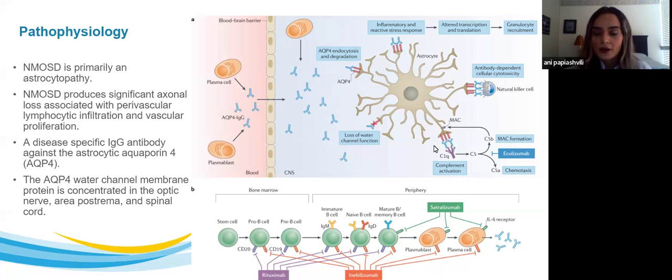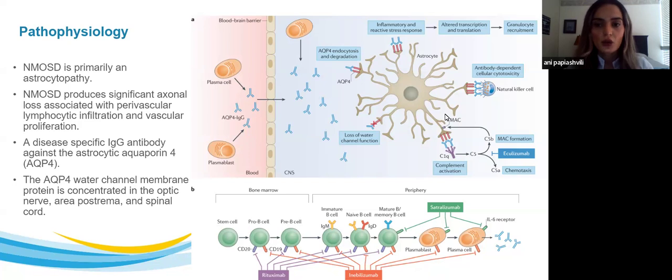So when we have production of the membrane attack complex, or MAC, it will cause primary damage of astrocytes, and it will damage these water channels, aquaporins, in the astrocyte. So it will cause secondary damage of oligodendrocytes. And how? Because of water imbalance, which is the main explanation.